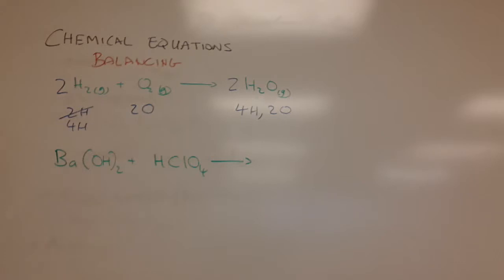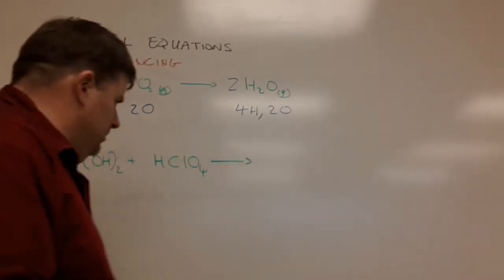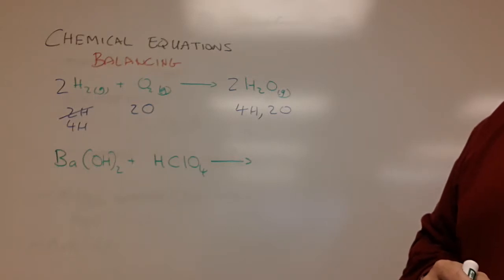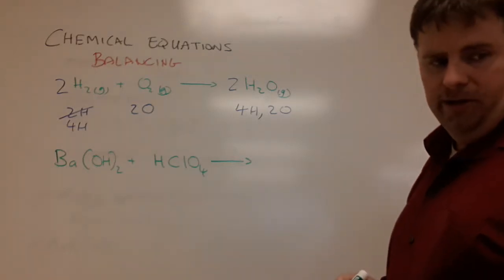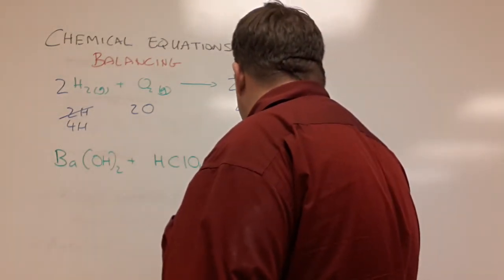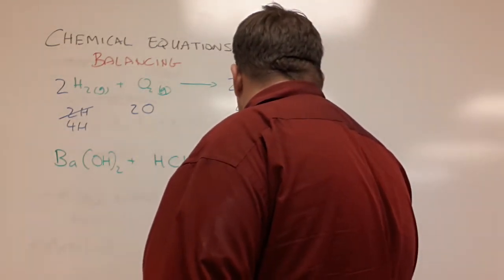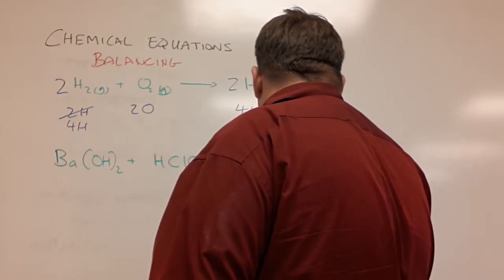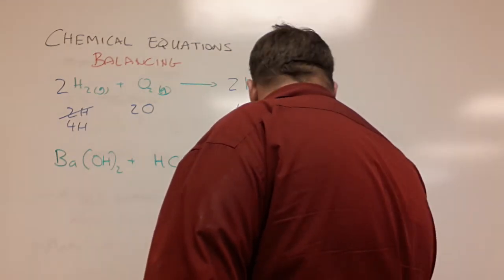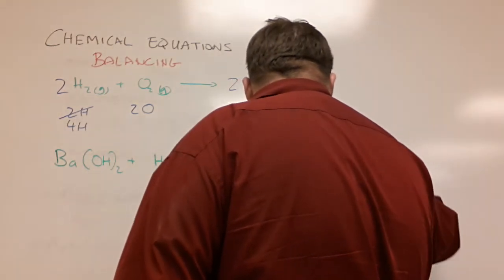When these two things react, what we're going to end up seeing is barium perchlorate. If I look at that correctly, yeah, barium chlorate or perchlorate, excuse me, and water. Give me my space system coefficients here.